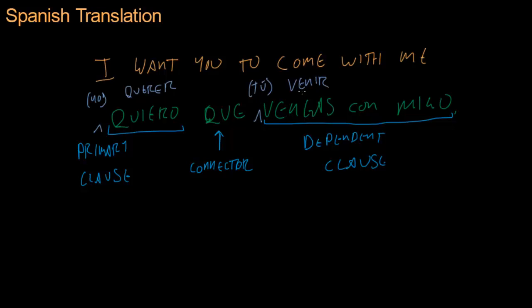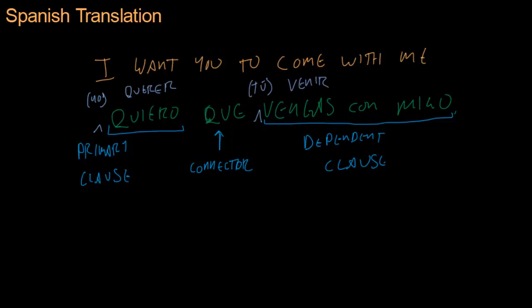Except that we've conjugated it in the subjunctive mood, because we have what's called a verb of will or influence, which is this quiero right here, which acts as a trigger and triggers venir to be conjugated in the subjunctive mood.